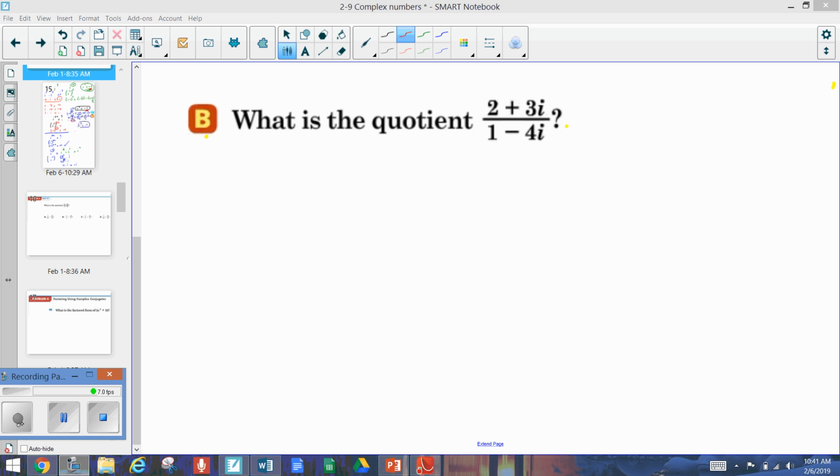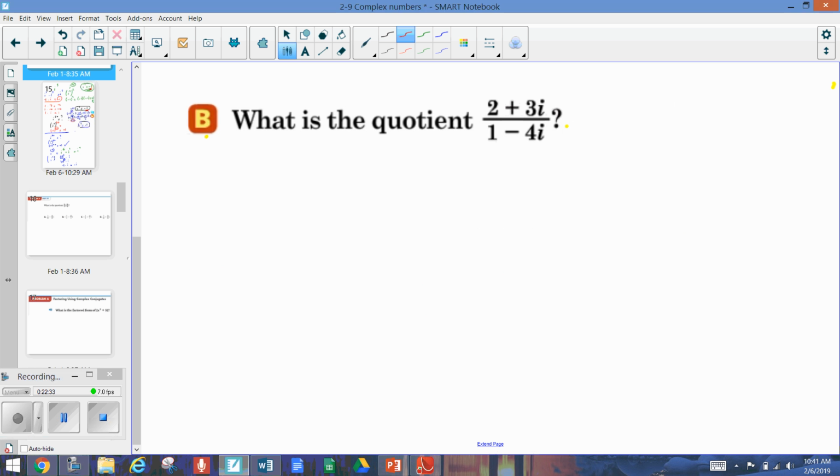In this question, again, the same logic. We're going to try to get rid of I's from the denominator. How? We will multiply by its conjugate. We call this one the conjugate. In this case, we're multiplying it, and the only thing you need to change is the sign in the middle.